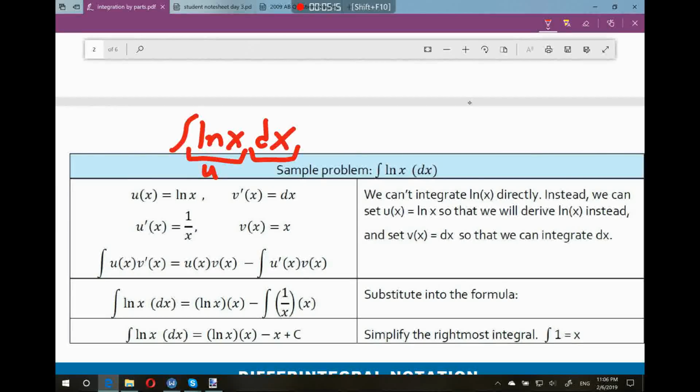That means my dx will end up being v prime for our formula. For our formula, I need u and the derivative of u. So that's ln x, and the derivative of ln x is 1 over x. I also need our v prime, which is dx, and the integral of v prime, which would be x. Then I can substitute into our integration by parts formula.